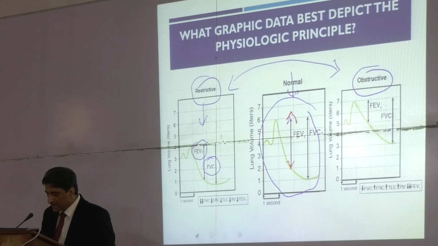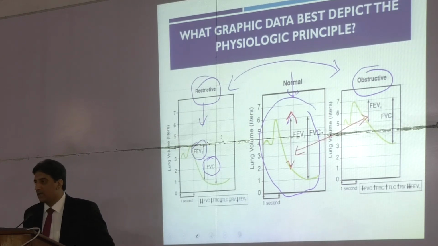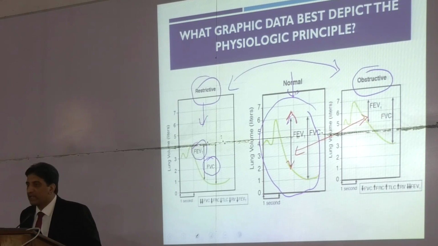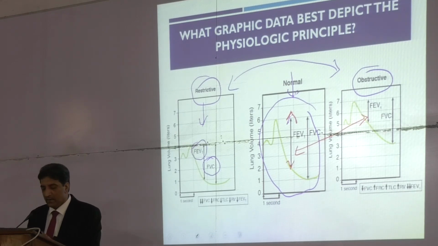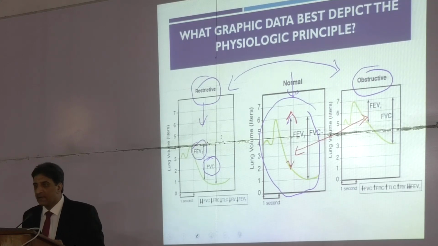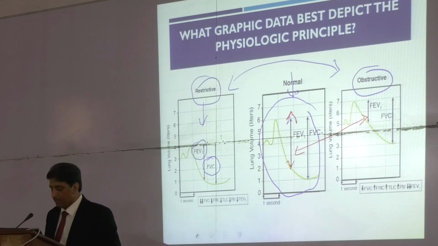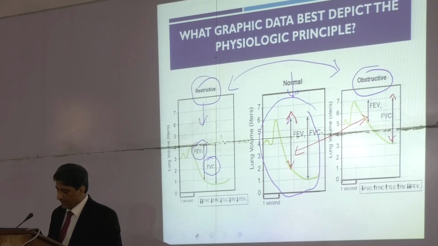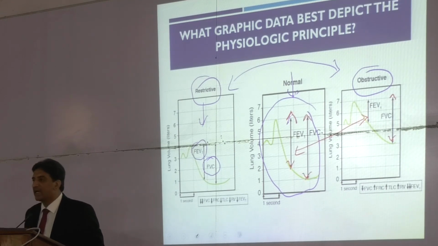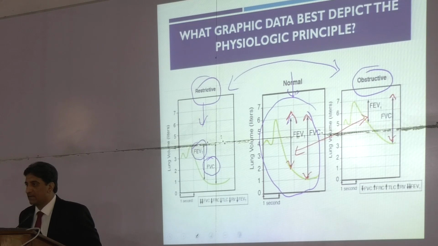Is it the same as in restrictive disease? In obstructive disease, FEV1 is noted to be decreased. In the same manner, FVC is also decreased, but it is decreased less.